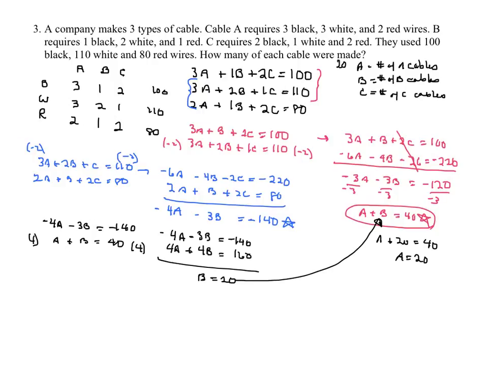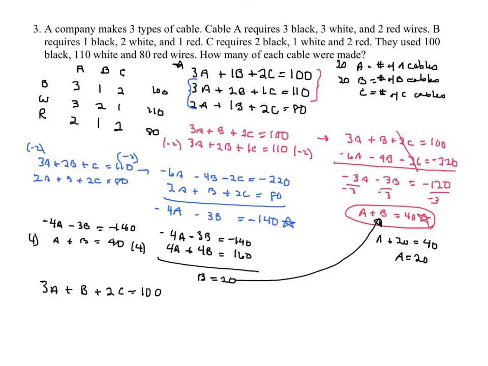The number of B cables is 20. And we only have to figure out the C cables. And I'm just going to put it in the first equation right here. 3A plus B plus 2C equals 100.